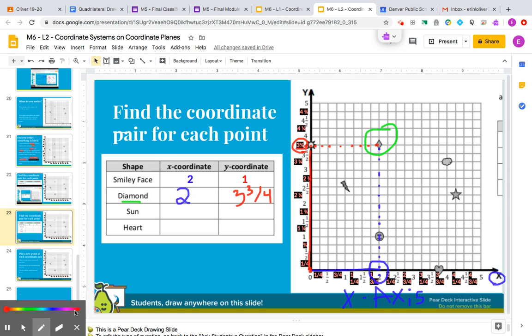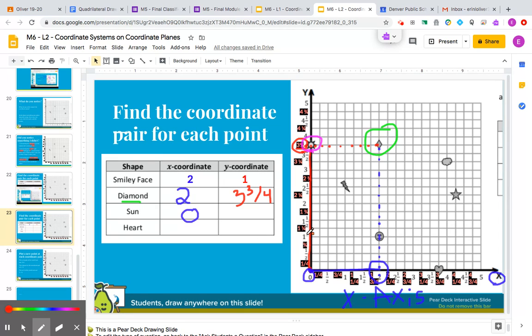Now let's take a look at our sun. My sun is right here. I know I kind of drew over it in the last example, but it's right there. How can I find its location? I have to figure out how far away it is to the right on my x-axis. However, it doesn't move over. It's on the 0 mark. If I drew a line down to the x-axis, it would hit 0. So the sun has an x-coordinate of 0.